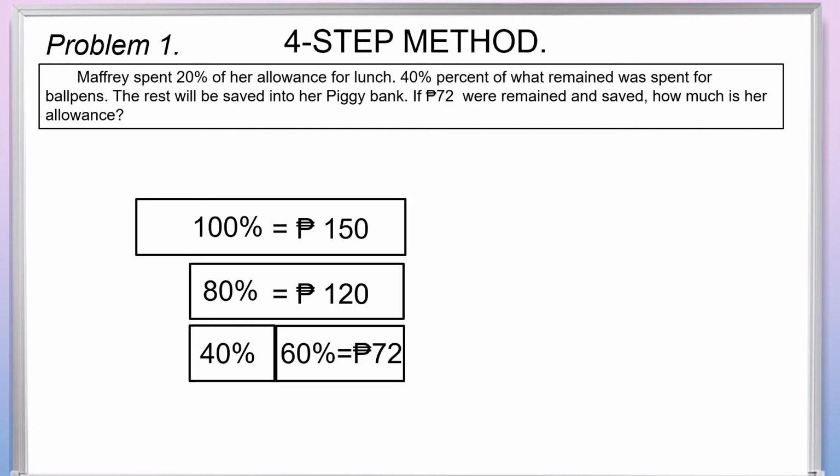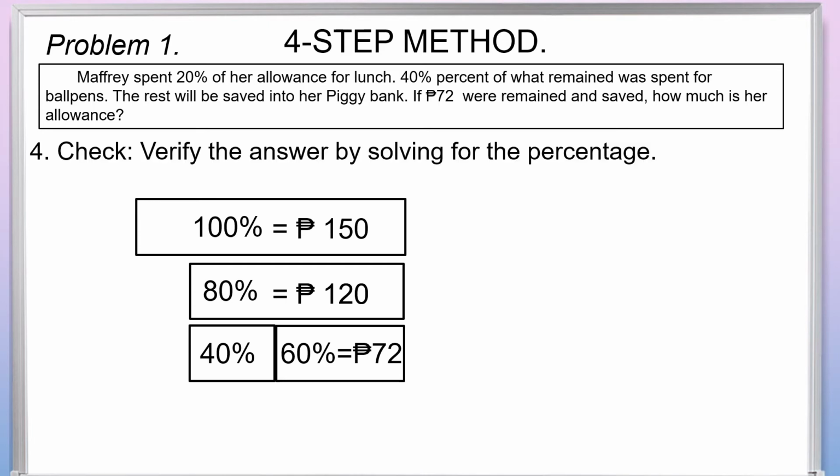The fourth step is check. To check, we will solve for the amount left after spending for lunch. We are going to verify our answer by solving for the percentage. So we are going to do multiplication, the reverse or opposite of how we solve it. Let's start from top to bottom. Let's solve first what is 80% of 150.